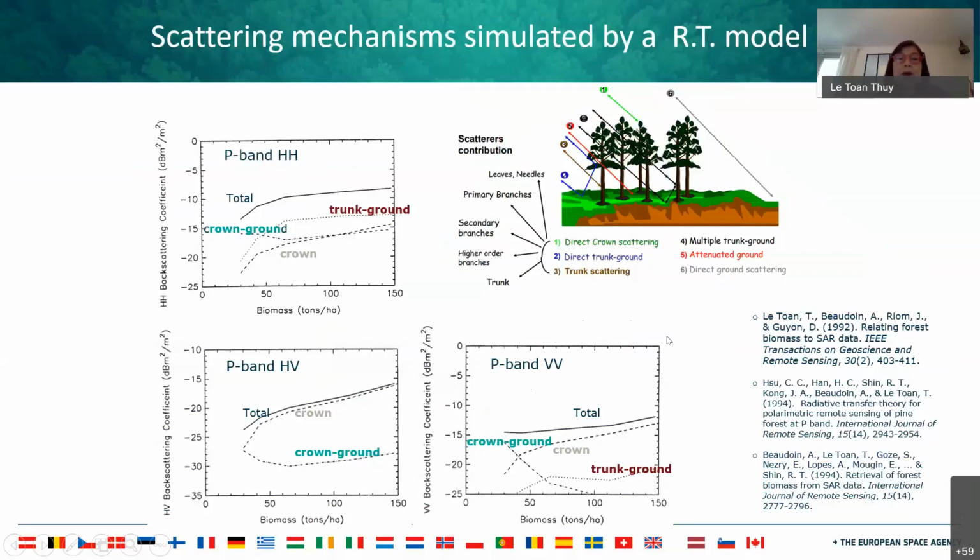Okay, what does it mean? If I take this one, the HH, it looks like it's saturated quite fast, but this is a simulation. When you look at just the crown, the thing that touches the canopy, the increase is not saturated.